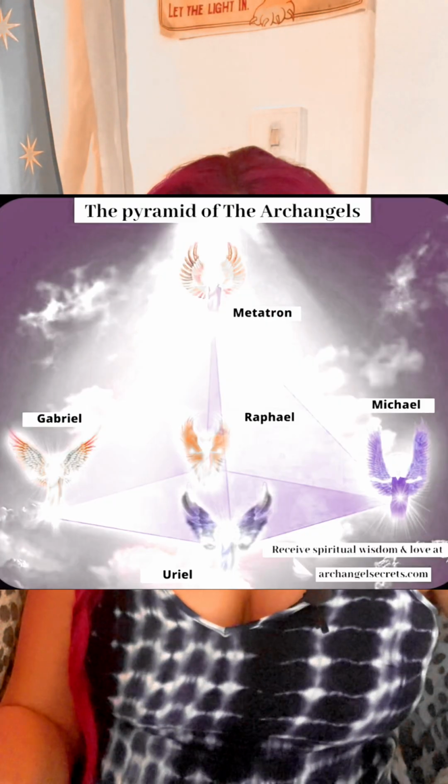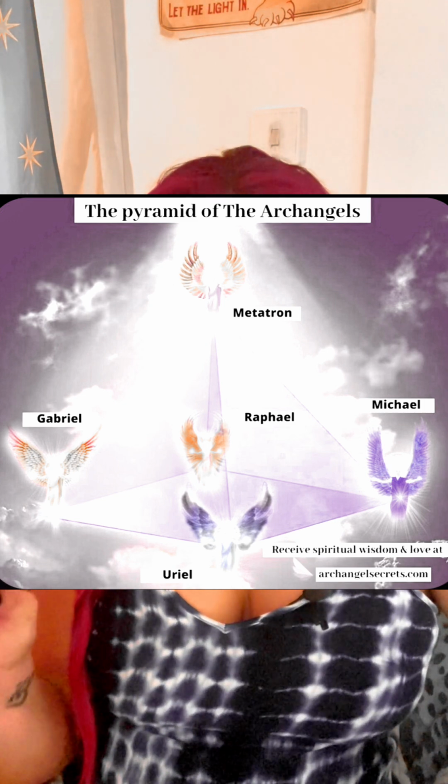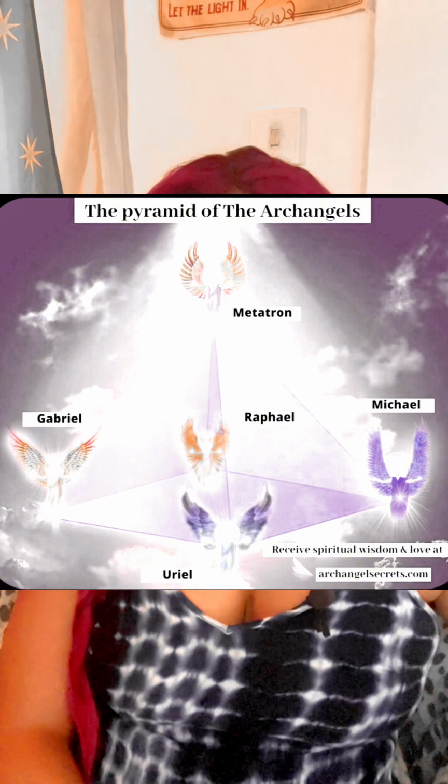This is also connected to the four archangels: Michael, Gabriel, Raphael, and Uriel. The Tesseract can be seen as a unification of the unified presence of these archangels in multiple dimensions.